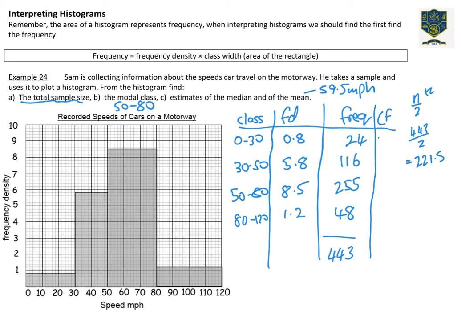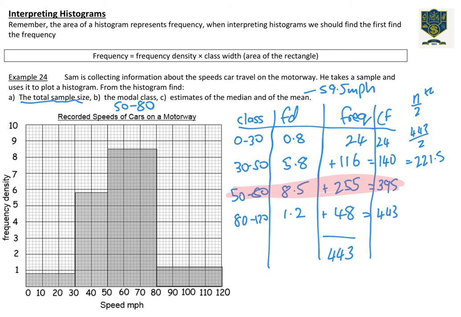And the cumulative frequency is going to be 24, and then 24 plus 116, which is 140, plus 255, which is 395, and then plus 48 is 443. So the median term is going to lie in this group, the 50 to 80.